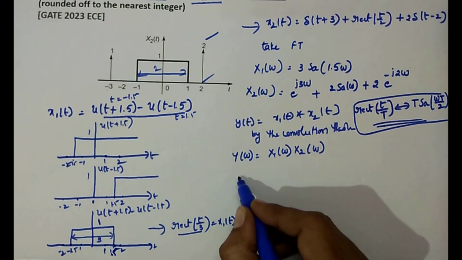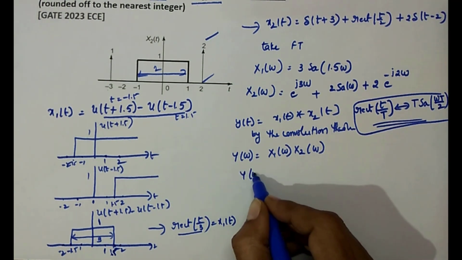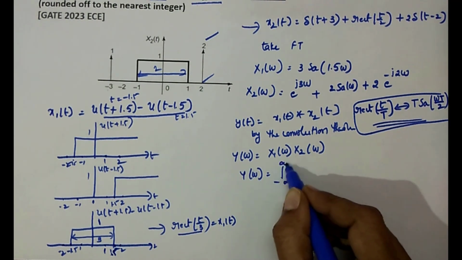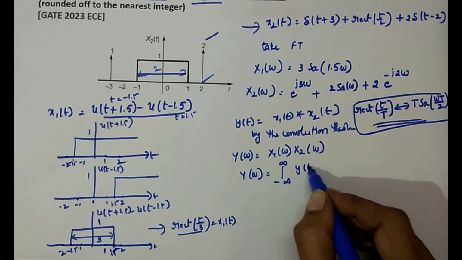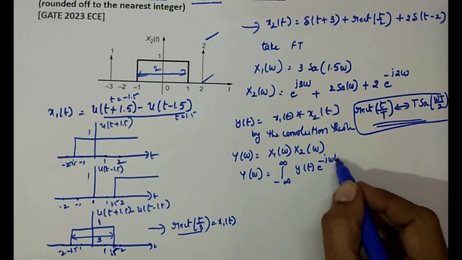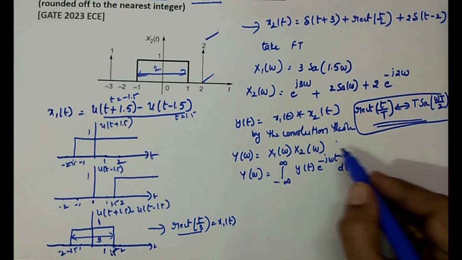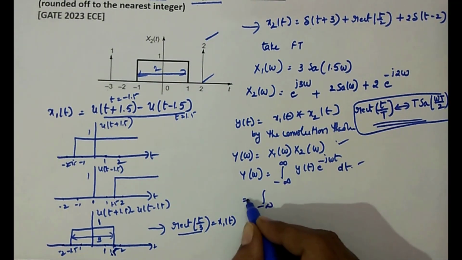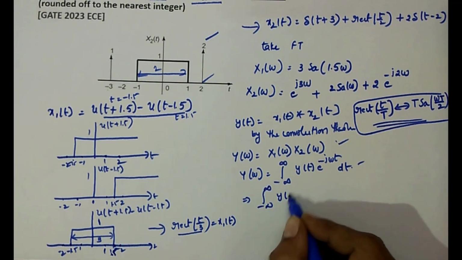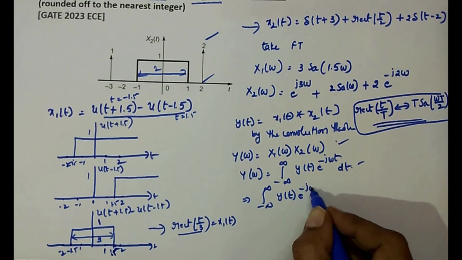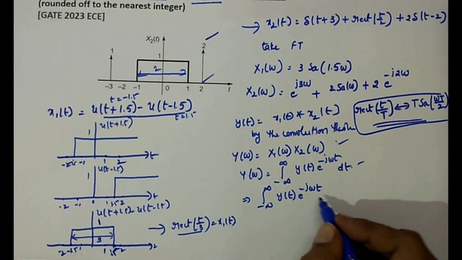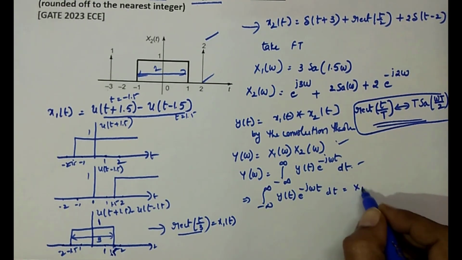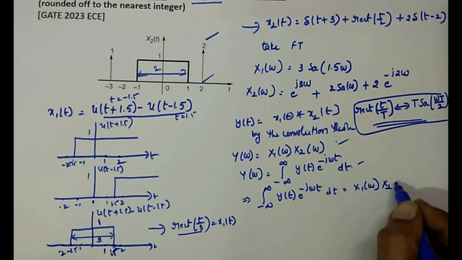Then you can write y of omega as the integral from minus infinity to infinity of y of t into e power minus j omega t dt. You have these two expressions, this one and this one. Make these two equal. This implies the integral from minus infinity to infinity of y of t into e power minus j omega t dt is equal to x1 of omega into x2 of omega.